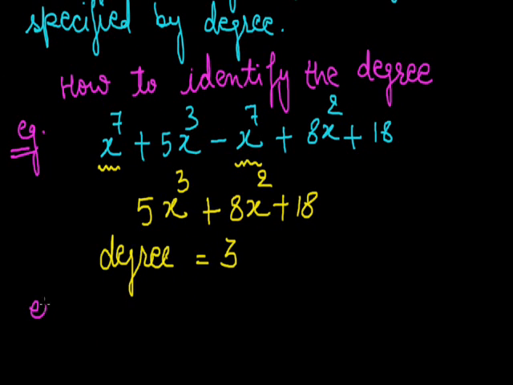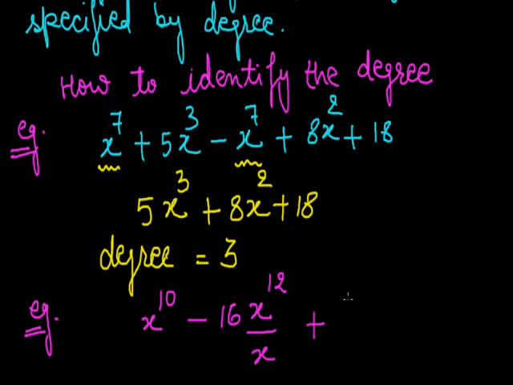Let us have one more example. The polynomial may be given in the form of dividing any two terms, and after simplification they may give a different degree. For example, x raised to 10 minus 16 x raised to 12 divided by x plus 5x cube minus 100.